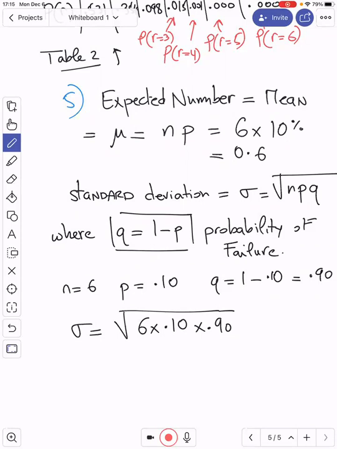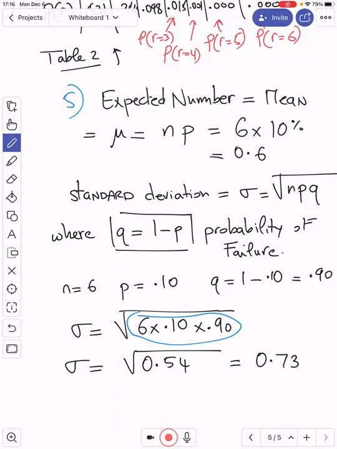So that'll be equal to square root of 0.54. Okay, the 0.54, that's what's under the square root, this thing here, right? And then you need to apply the square root to the 0.54. So that'll be equal to, let me check my notes. Yeah, it's 0.73.